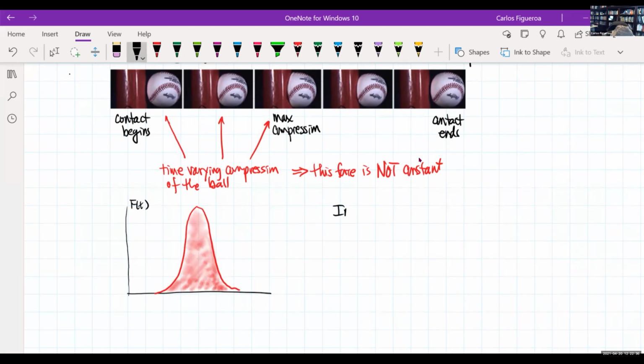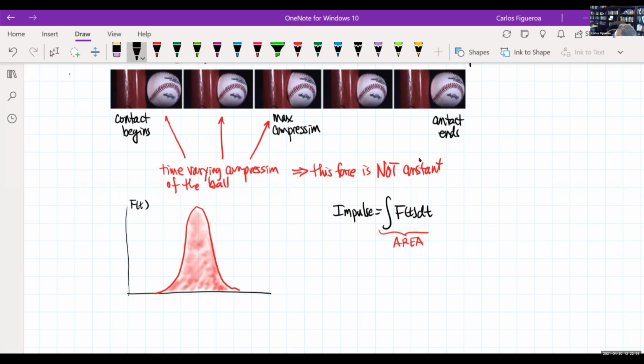Because the impulse is the integral of f of t dt. Wait a minute, what does this mean? Check it out. This is what? An area. So the impulse actually represents the area under the force versus time curve.